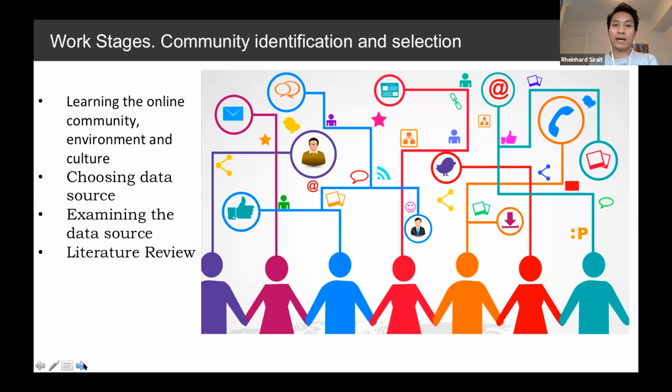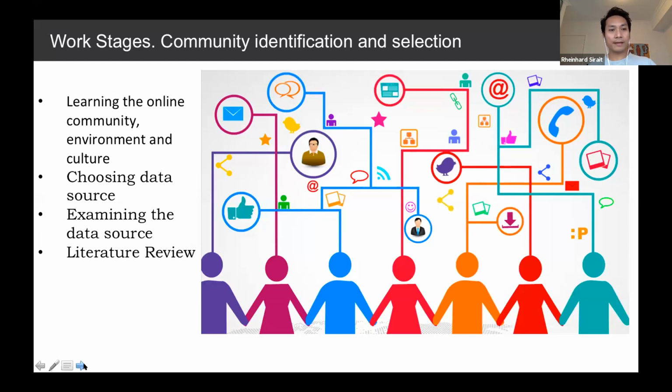Am I going to other social media platforms? So you've got to choose, and think about this, and discuss it, and make sure that you have enough data for your research.